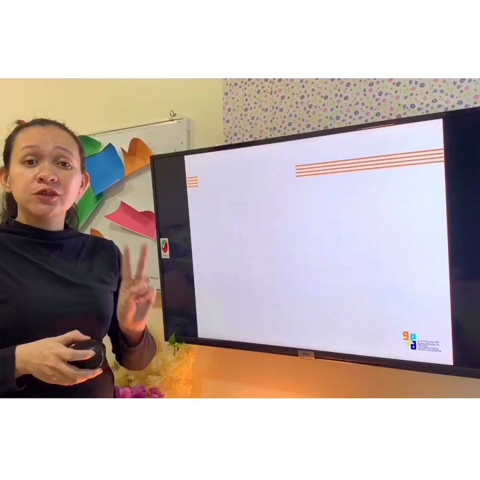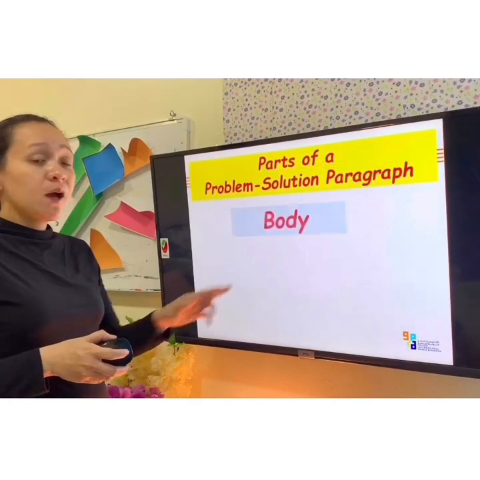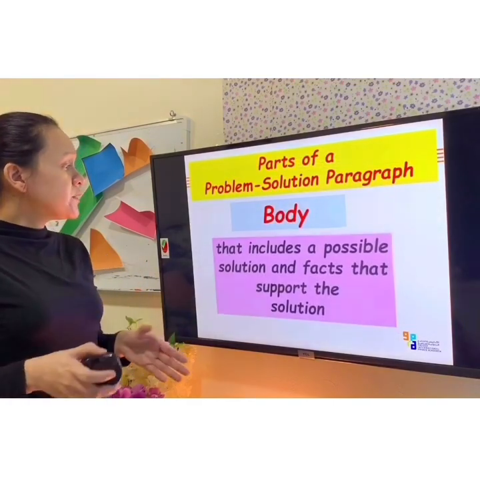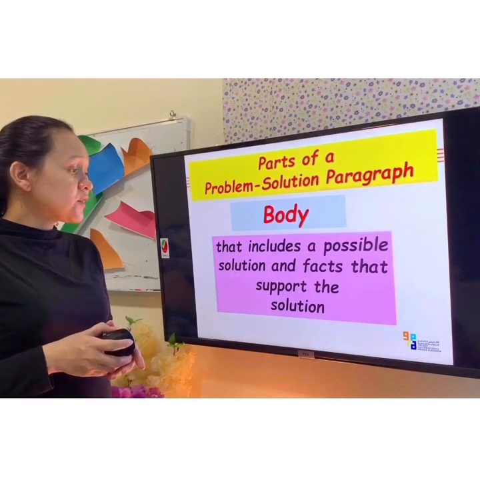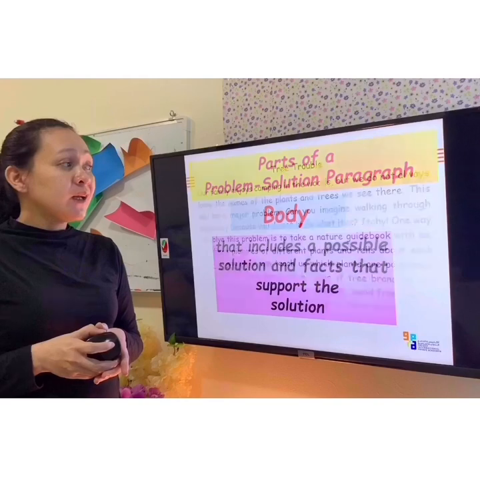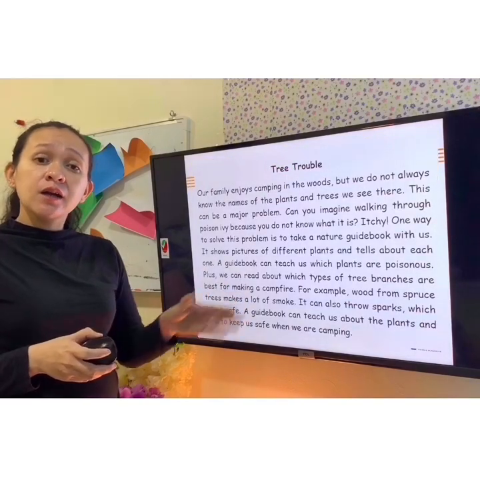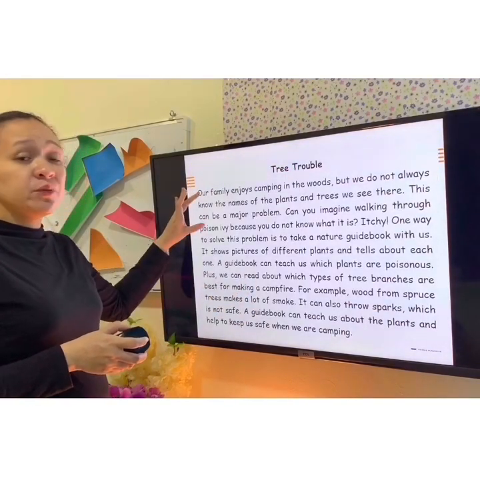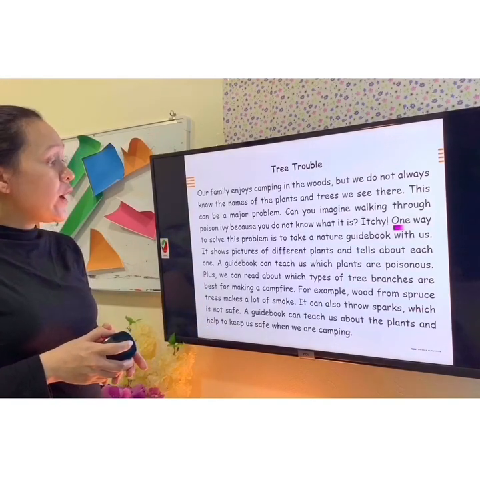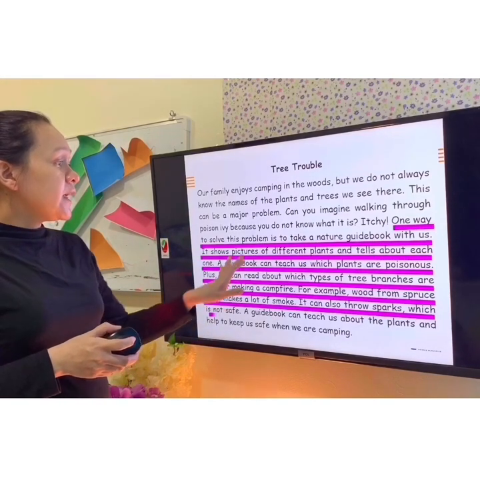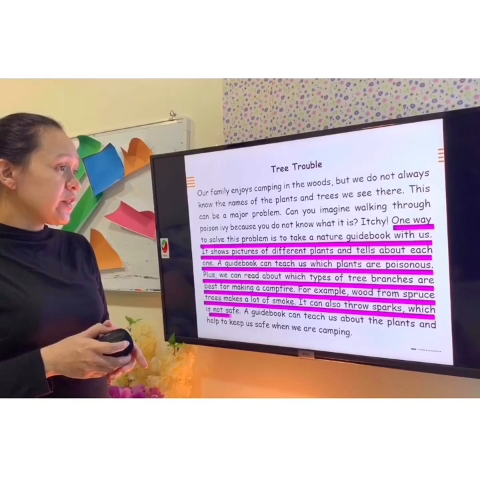Now let's move to the second part. It is body. When you say body, that includes a possible solution and facts that support the solution. Let's check again the example. Now, we are done with our introduction. Let's move to our body. One way to solve this problem is to take a nature guidebook with us.